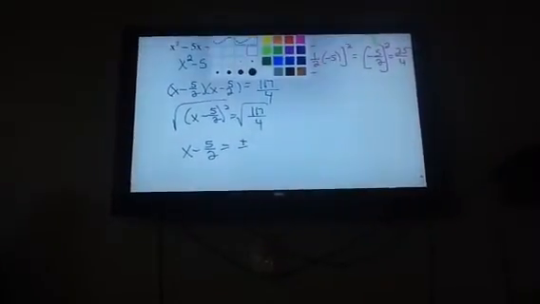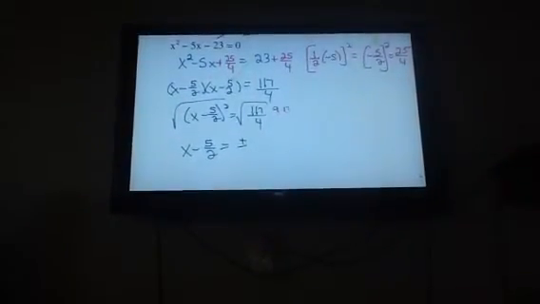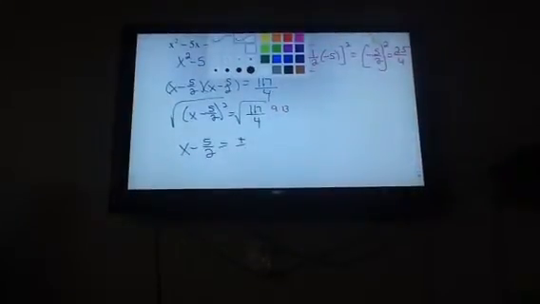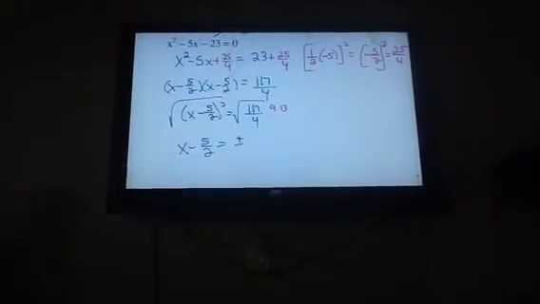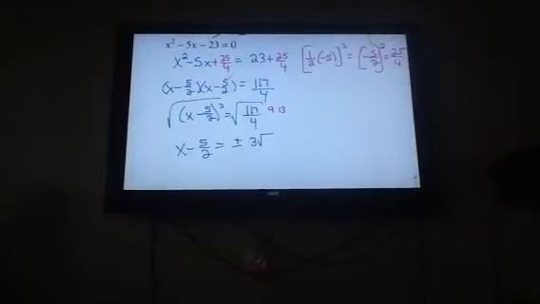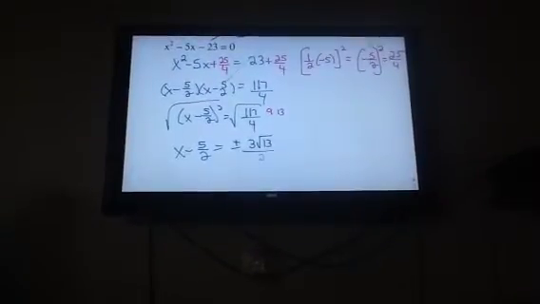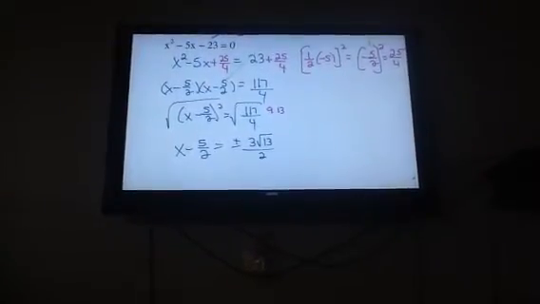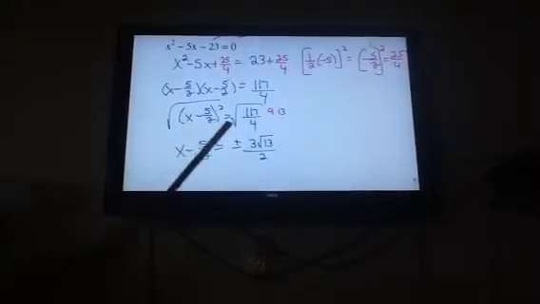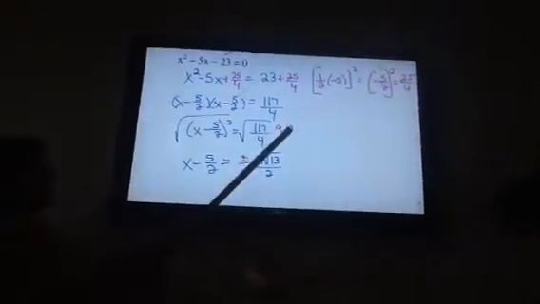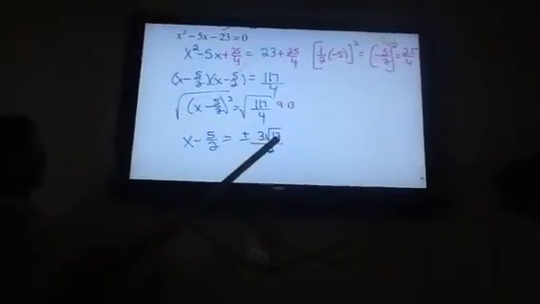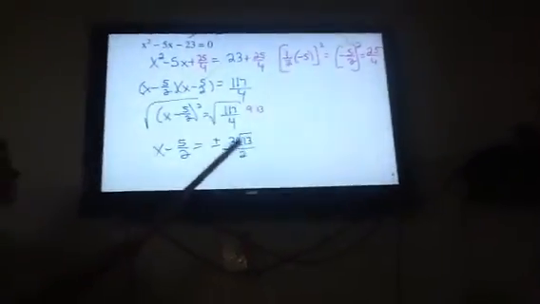Somebody make a little note of that. I really didn't think it had one, but I just went and checked. And it does. So the square root of 117 goes to 9 times 13, or 3 square root 13. The square root of 4 is 2.